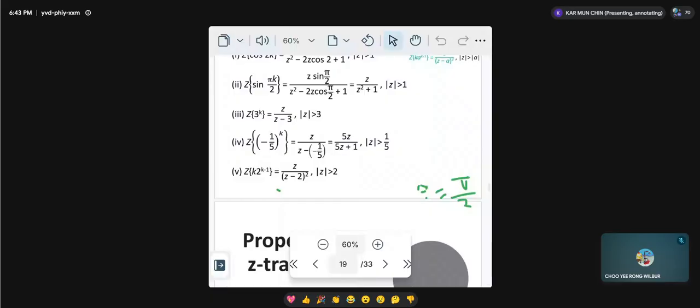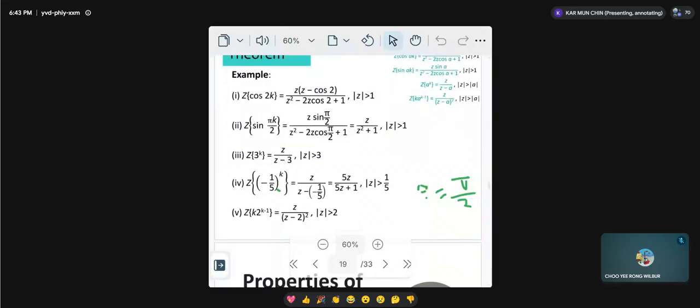Following by the next example, negative 1 over 5 to the power of k. In this case, it's still this condition. Your A is negative 1 over 5, so it equals Z over Z minus negative 1 over 5, so it will be Z plus 1 over 5.